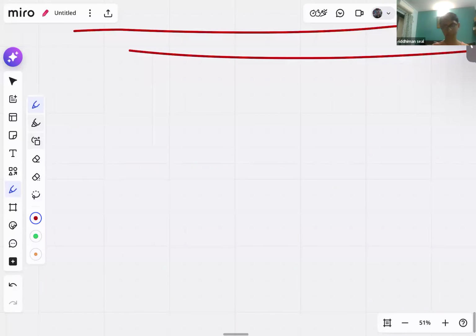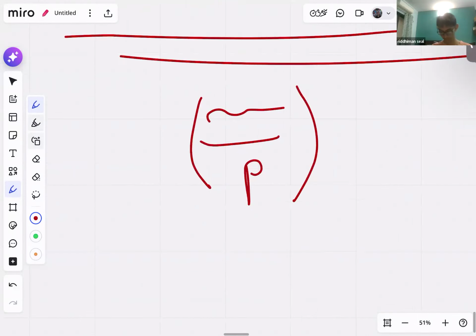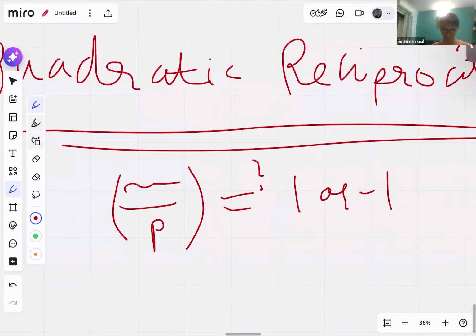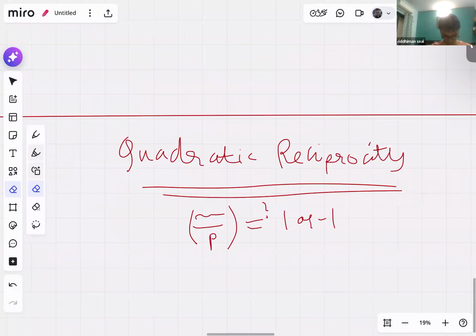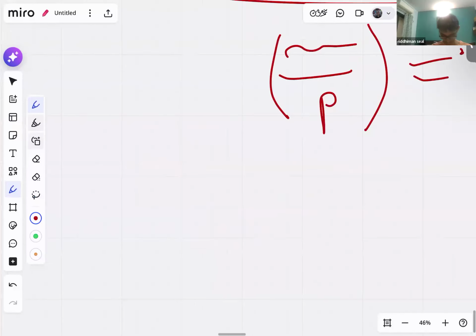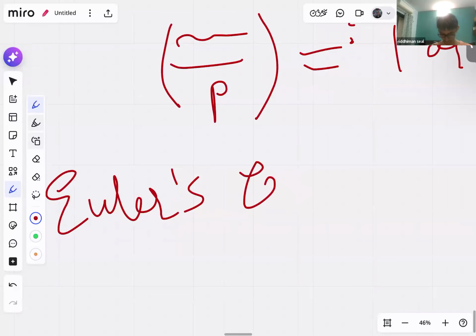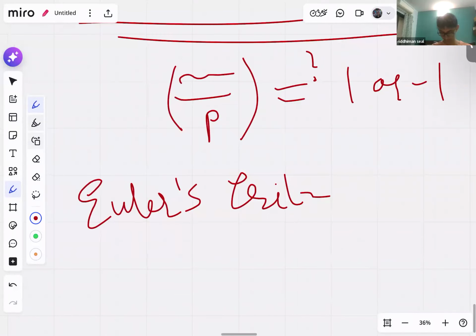So the idea is that if you're given a random thing here and if you're given a prime here, how do you decide if this is 1 or minus 1? Okay, maybe first we should not do this. Maybe first we should do Euler's theorem.